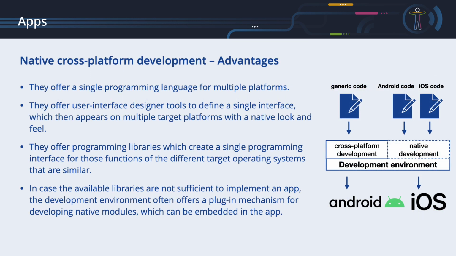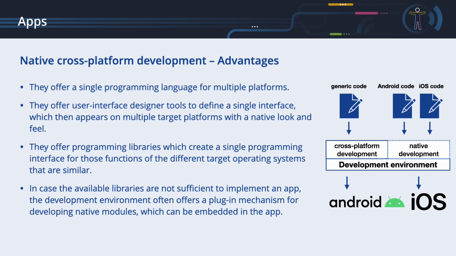Native cross-platform development. For many application scenarios, web apps are too far removed from the native environment, so a new type of cross-platform development environment has emerged over the last few years. The key advantages of such environments are as follows. They offer a single programming language for multiple platforms.